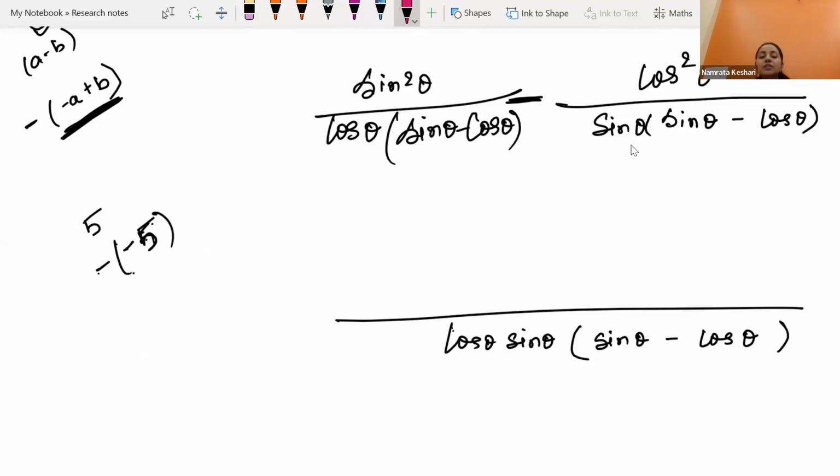What will we multiply with sin square? See, match it. Whatever is extra, cos is there, cos is there. In LCM, sin theta, cos theta, this is already there. So whatever extra, you multiply in the numerator also.